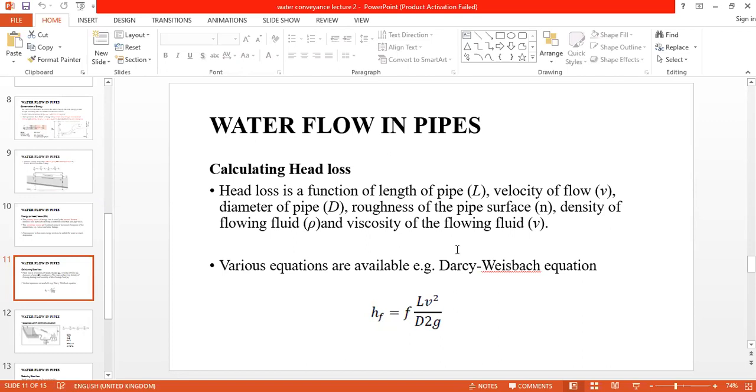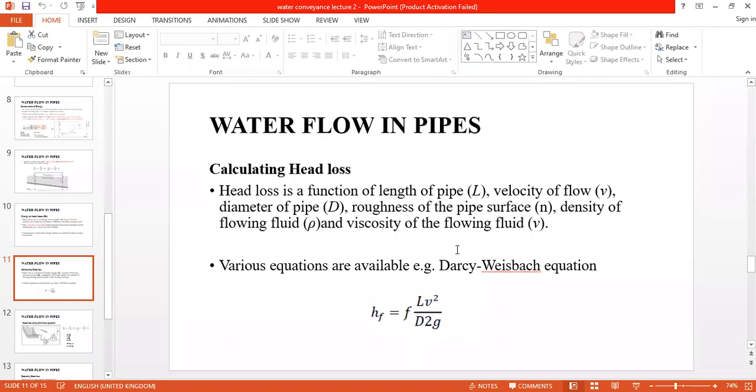So if you have a longer pipe, it means that water has to travel through a longer distance, move over a longer surface. It will have a lot of friction before it reaches the outlet. So the longer the pipe, the higher the head loss. Then as well, if the water is moving at a higher speed, the higher it will lose energy due to friction.